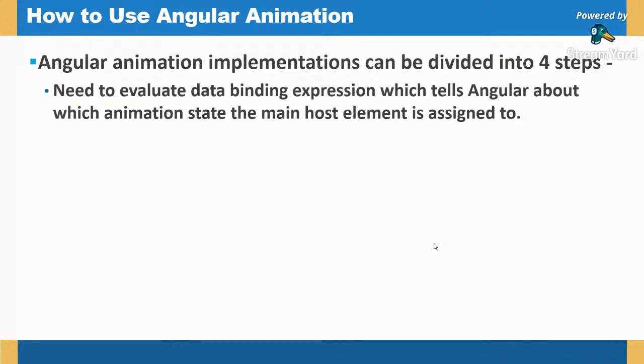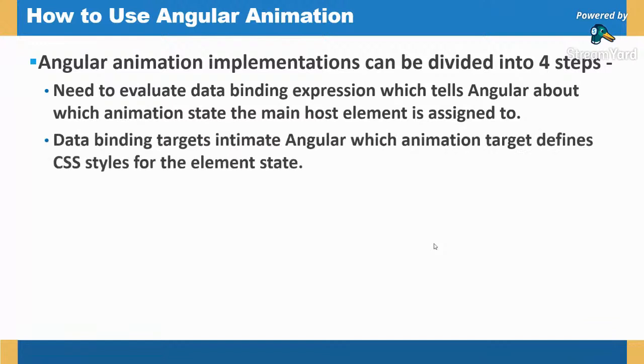Whenever we need to perform any animation effect, we first identify the data state change expressions, to inform the Angular framework that on a particular state, this type of animation will occur in the browser.